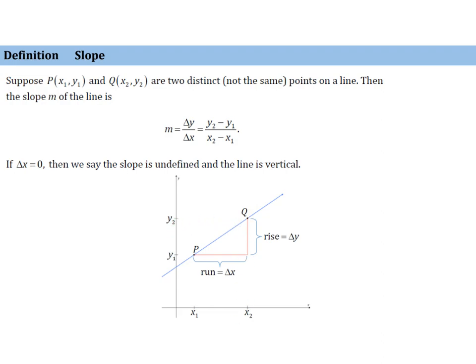Then the run is how far horizontally we go from P to Q, and delta y will be how much we rise from P to Q. And so the slope from P to Q is delta y over delta x. If we have a vertical line, notice delta x, the run, would be 0. There is no horizontal change from P to Q.